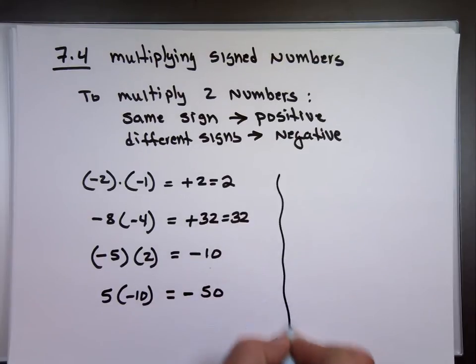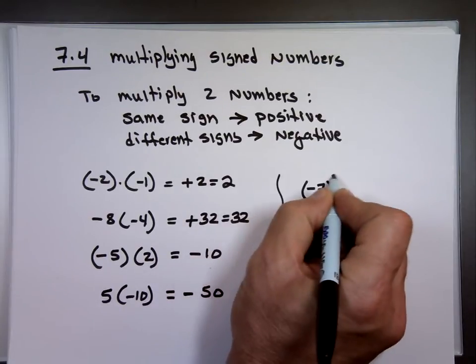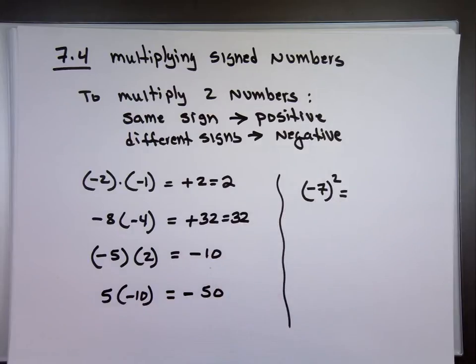Let's see if you remember some of the stuff. Negative 7, the whole thing squared. What is it? 49. I got negative 49, I got 49. One is right, one is wrong.